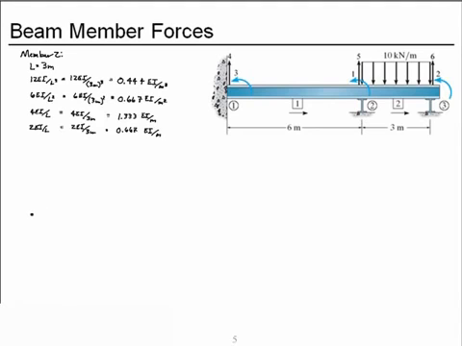Now let's assemble that information into the stiffness matrix for member 2. And in this case, we have near node, far node. Our degrees of freedom are 5, 1, 6, and 2.